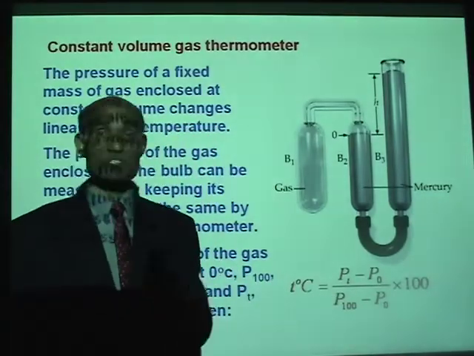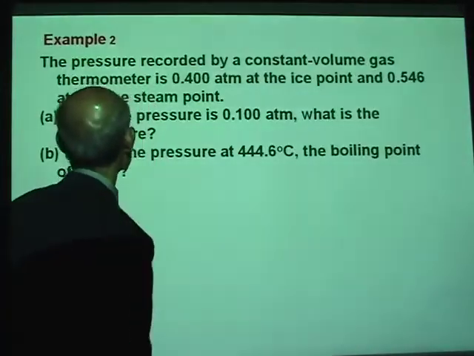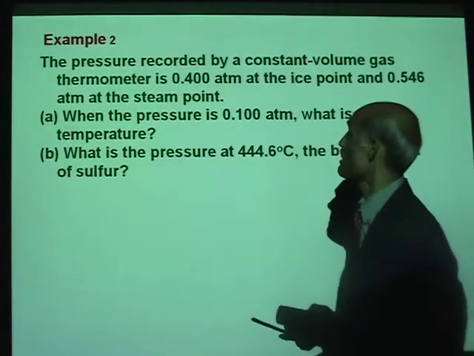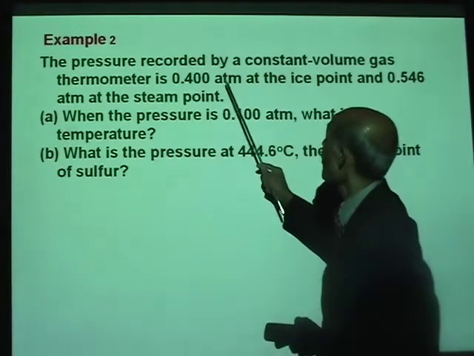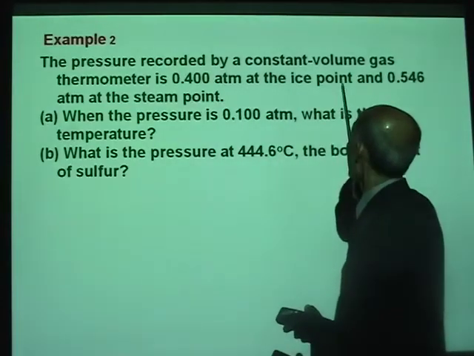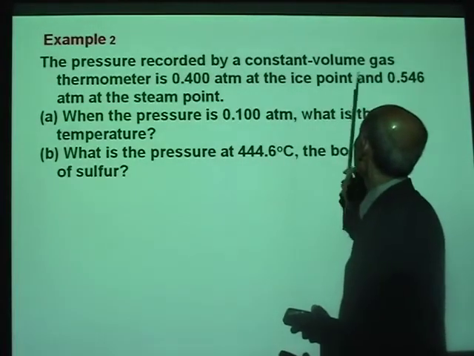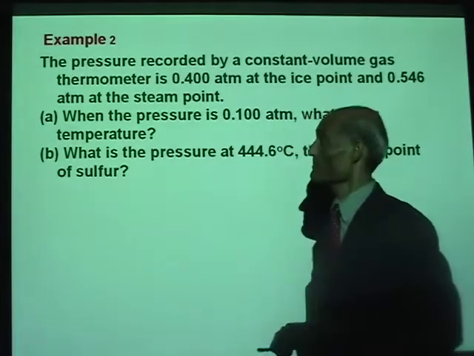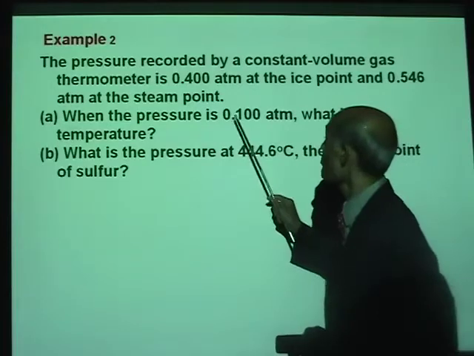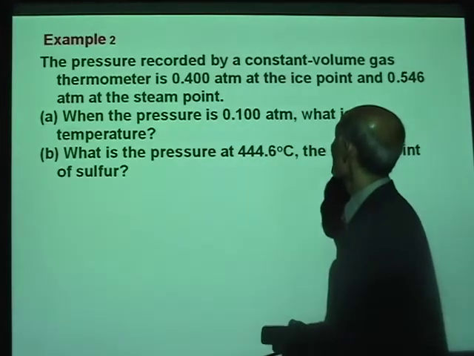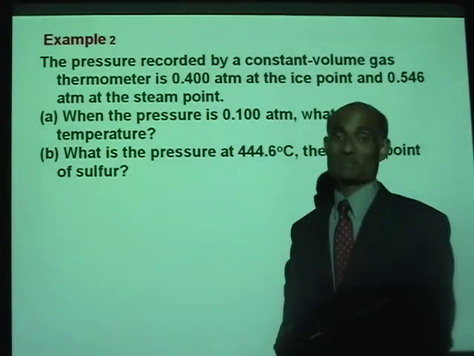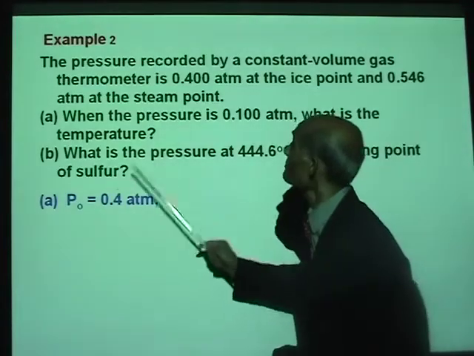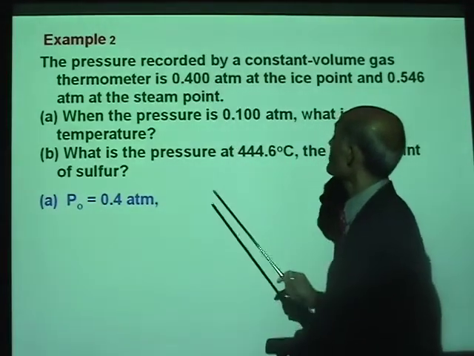relation. Let's do a simple problem. The pressure recorded by a constant volume gas thermometer is 0.4 atmosphere at the ice point and 0.546 atmosphere at the steam point. When the pressure is 0.1 atmosphere, what is the temperature? Well, what do we have? P0 is 0.4 atmosphere.